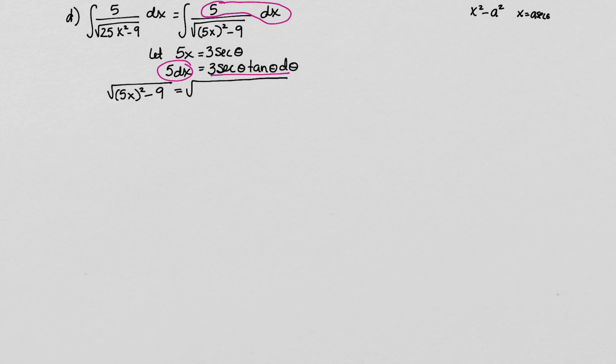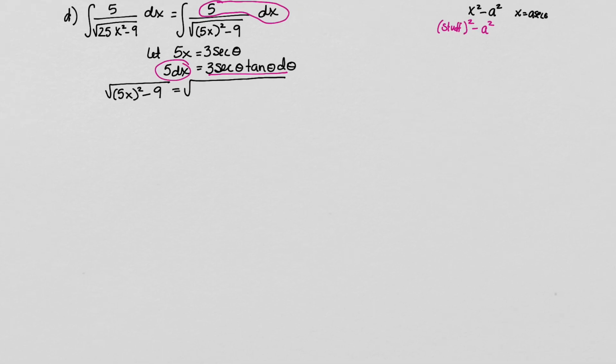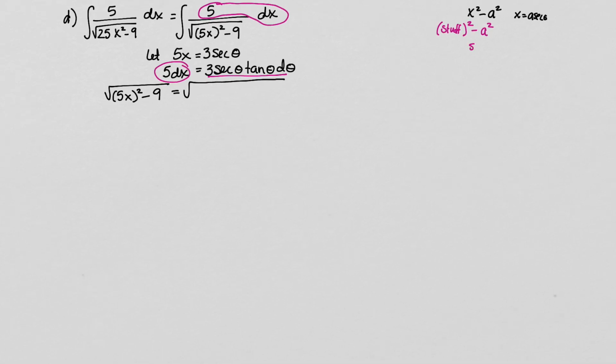Okay, so remember our form is if I have x squared minus a squared, it's x equals a secant theta. Using an x is kind of a simplified way of saying this, but basically you can think of this: if I have a bunch of stuff squared minus a squared, I'm making the substitution that the stuff is equal to a secant theta.